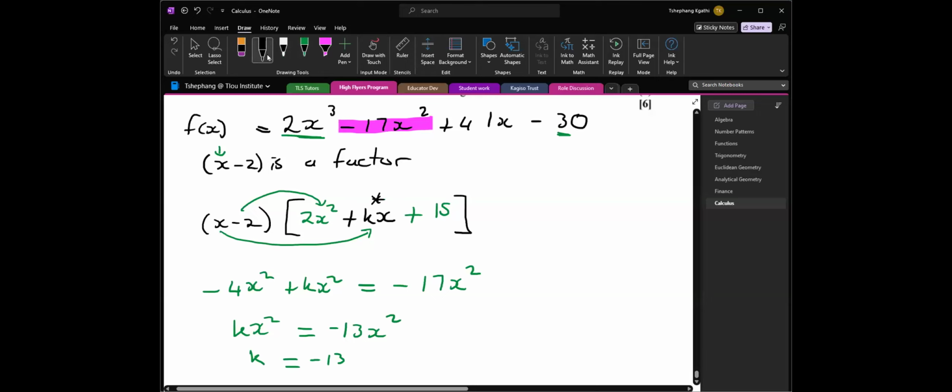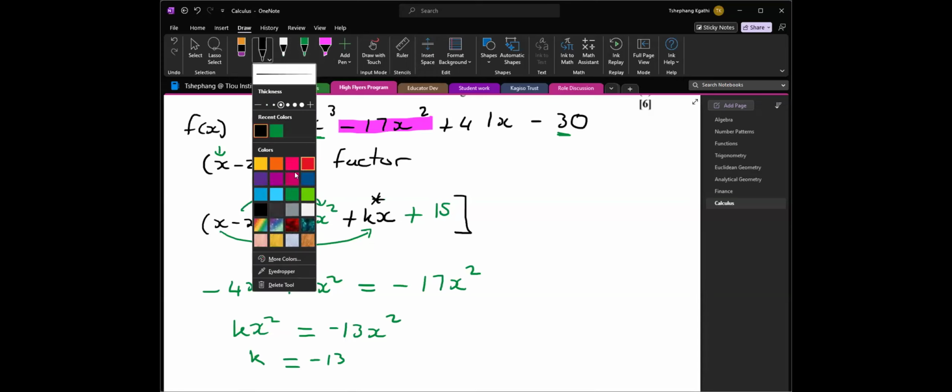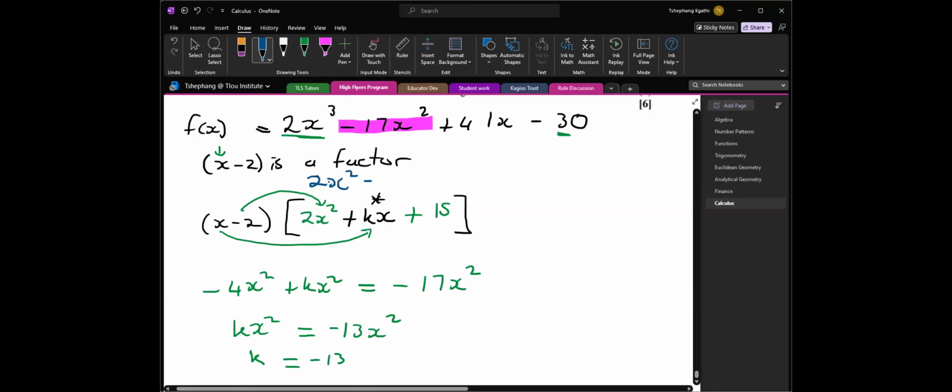Which means that what we are trying to solve is 2x squared minus 13x plus 15, which is easy to factorize. If we factorize that, we should have 2x here and x there, negative, negative.